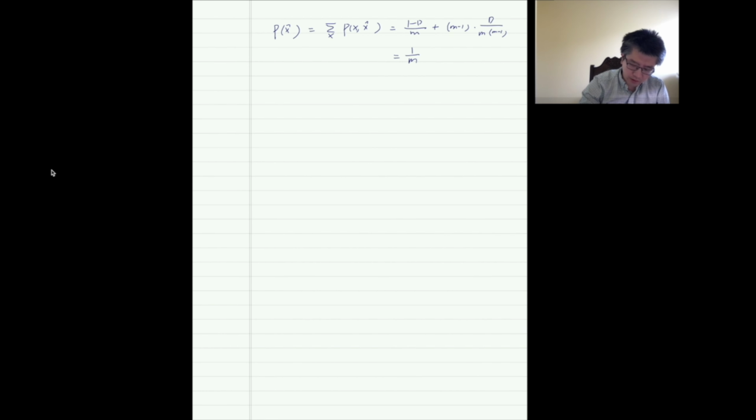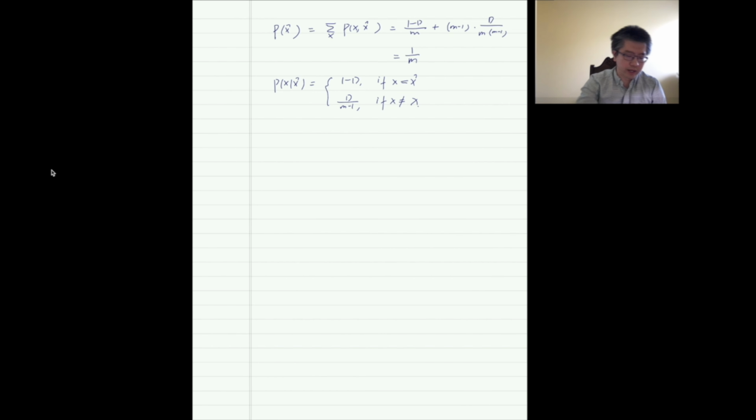And then we can compute p(x given x hat), which equals 1 minus D if x and x hat are equal, and D over M minus 1 if they are not equal. The first one should be x and x hat equal, right? The second one is not equal. Okay, so now we have all the probability distributions, right?